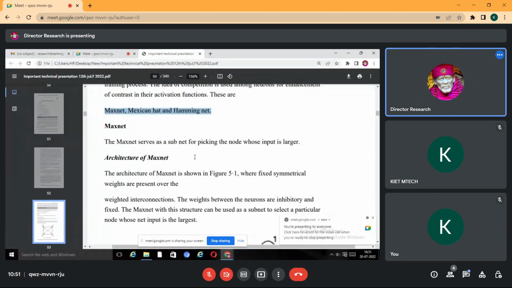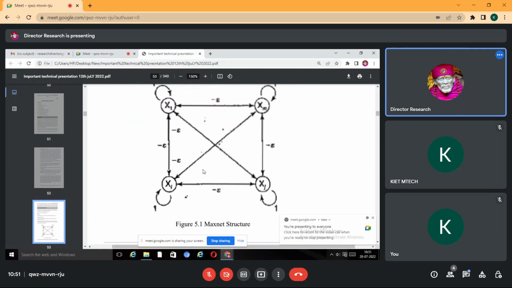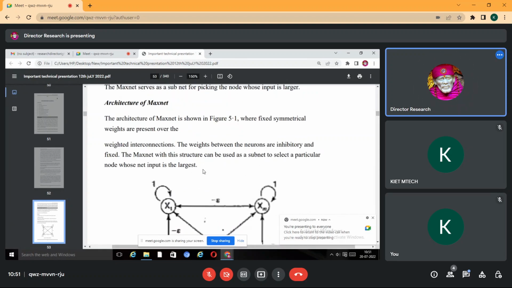MaxNet. The MaxNet serves as a subnet for picking the node whose input is larger. Architecture of MaxNet: see this diagram. Fixed symmetrical weights are present over the weight interconnection.